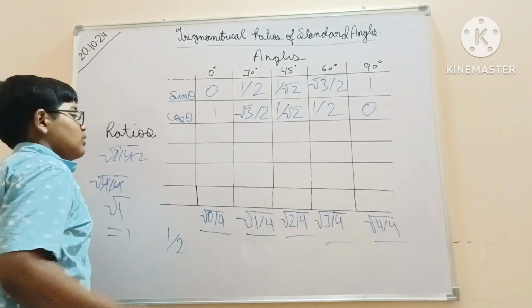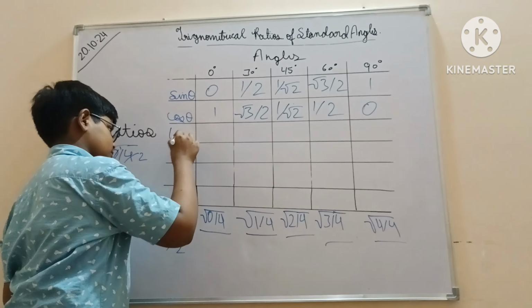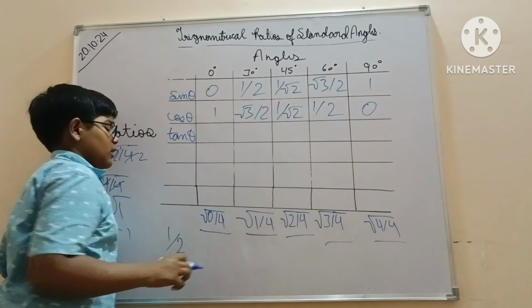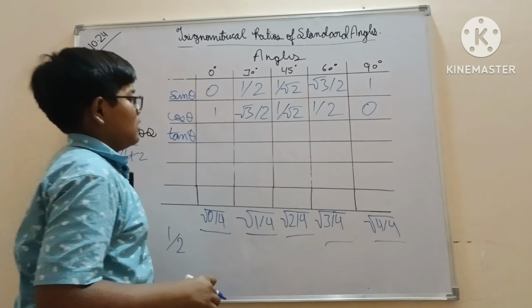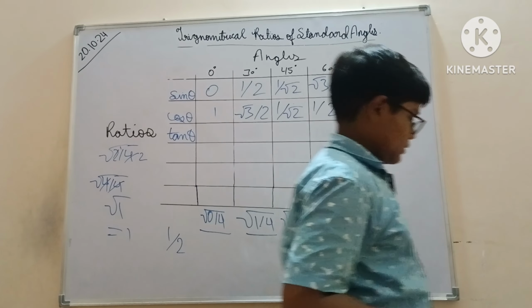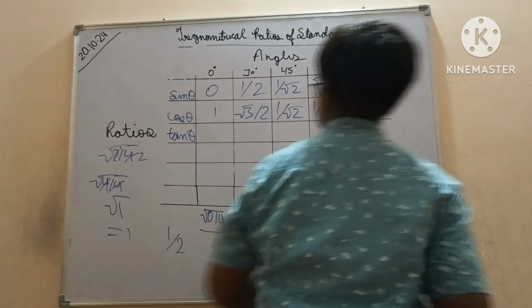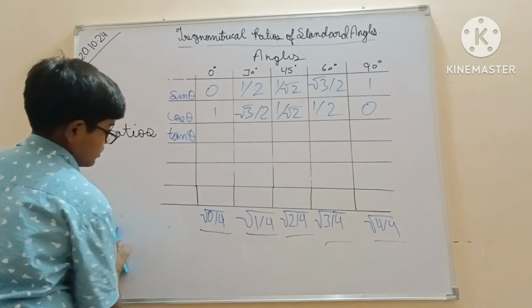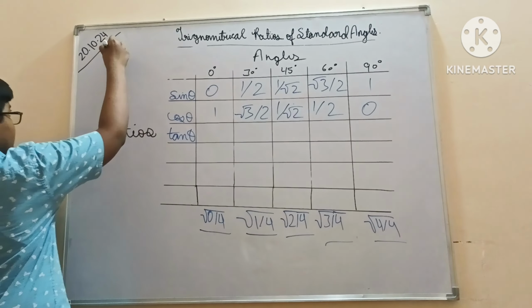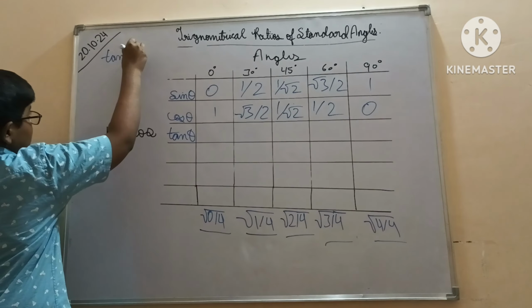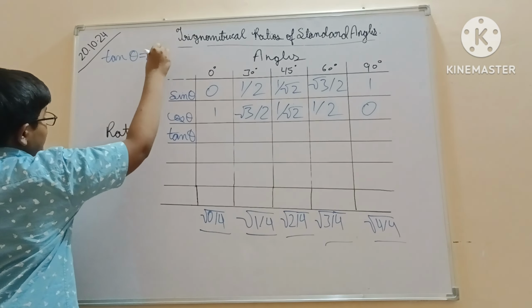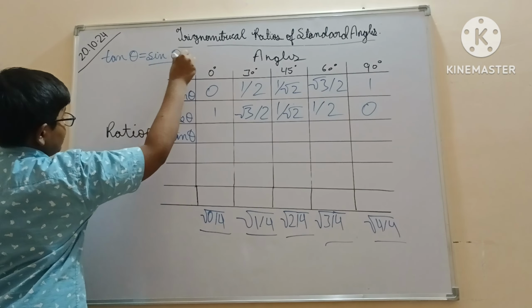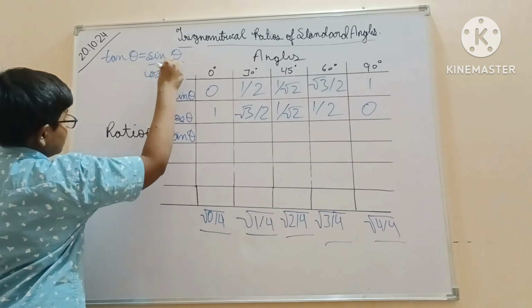Now we will find the value of tan theta. In the chapter on trigonometrical ratios, there is a formula: tan theta is equal to sin theta divided by cos theta.